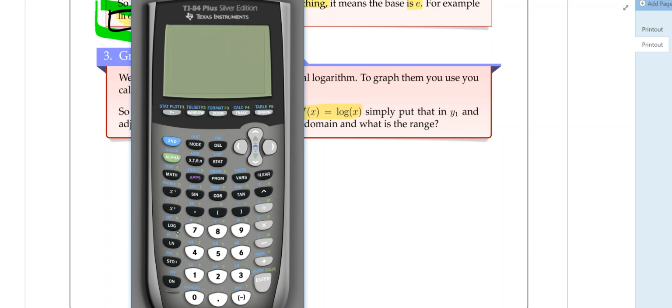So then let's graph the log function with base 10. You turn it on and you go into y, and you're going to put log and then x, and then hit graph. You probably have a wrong window, so we're going to go to window, and we know we're going to start at 0 and end at 10, and then let's go from negative 10 to 10.